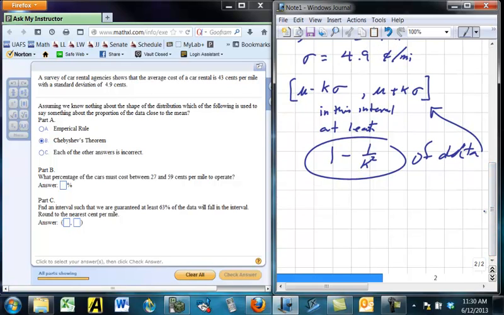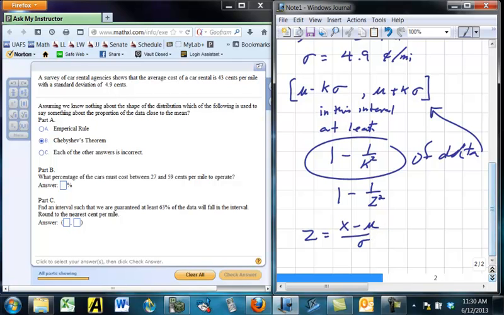What percentage of the cars are between 27 and 59 cents? Well, this k is really a z-score. We could have written it with a z instead of a k, because a z-score is how many standard deviations you are above, if it's positive, or below, if it's negative, the mean. To find a z-score, you do the measurement minus the mean divided by the standard deviation.